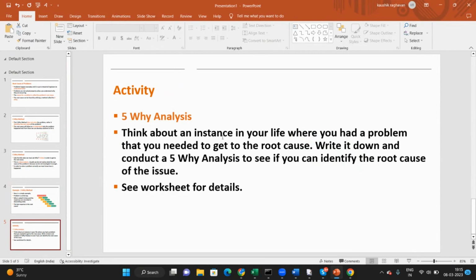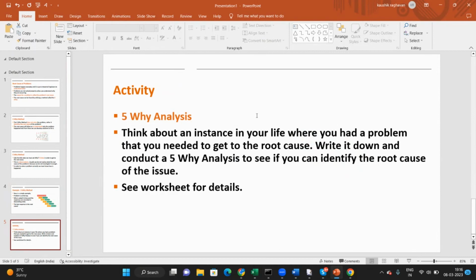So let us think of a problem which we had, and think of identifying the root cause of the problem. You can use 5-why, you can use any problem that you have faced. You can use 5-why and try to identify the root cause, because it is a problem that you have already faced.